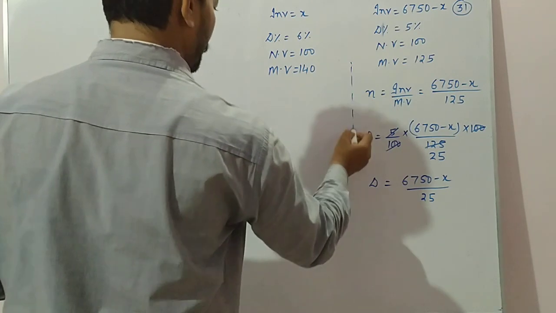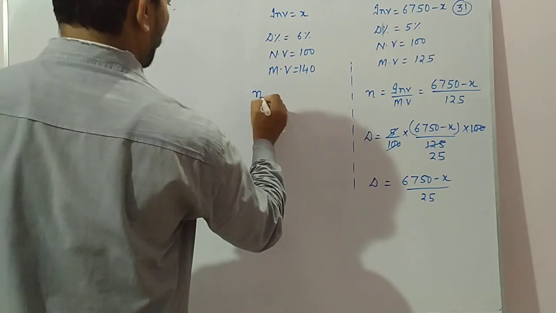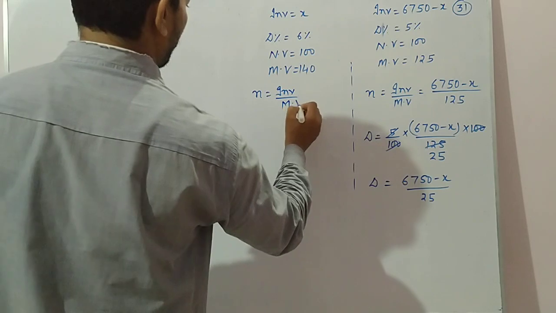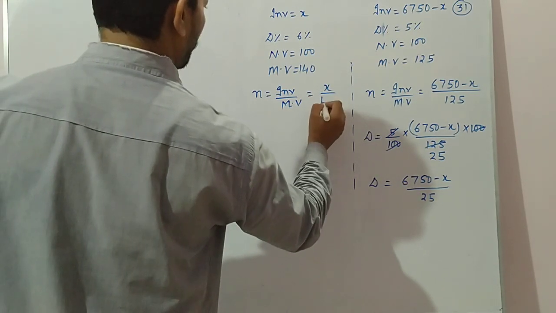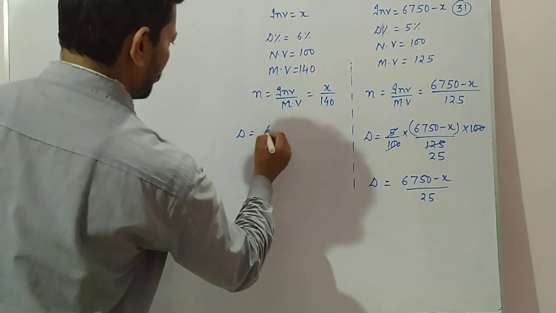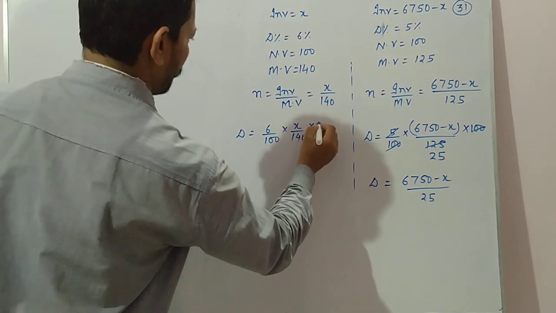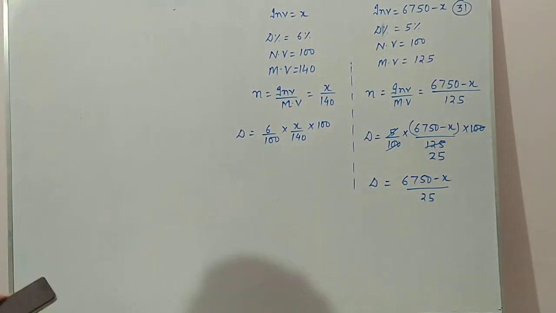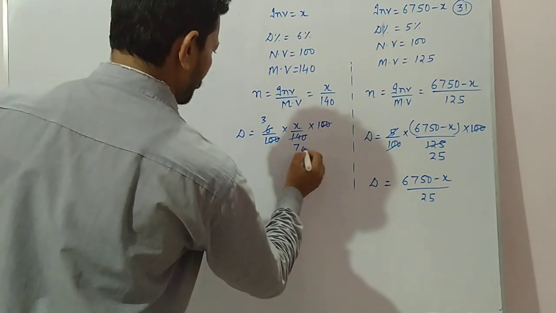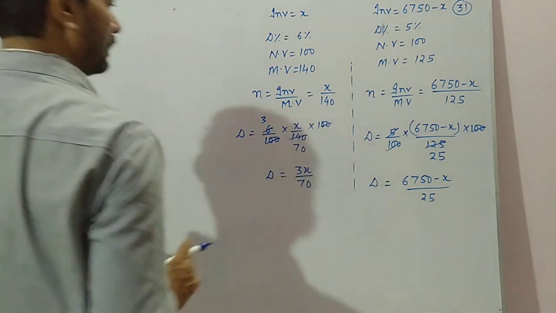In the first part, number of shares, that is investment by market value. Investment is X, market value is 140. Dividend, that is dividend percent 6 by 100 into number of shares into nominal value 100. So this will cancel out. 2 3s are 6, 2 7s are 14, so dividend, that is 3x by 70.